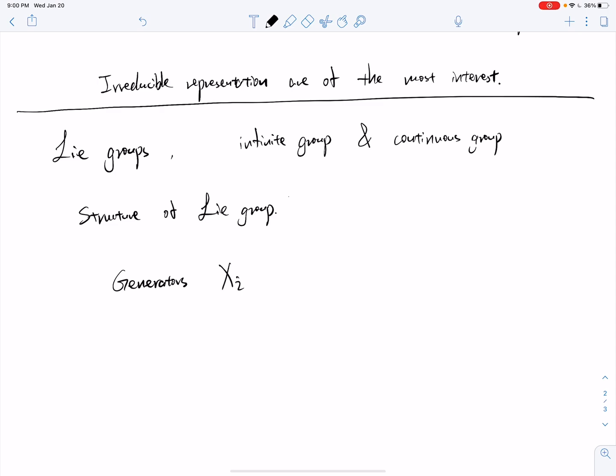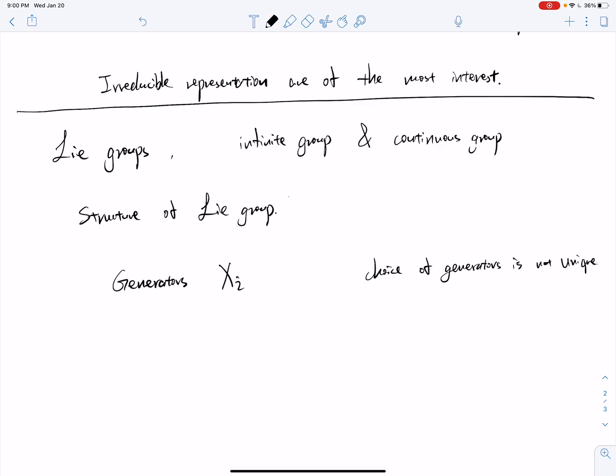And we call these generators xi. So we have many generators, and they're indexed by this index I. And the important note here is that the choice of generators is not unique. So the generators, I'm going to write this again, is not unique.